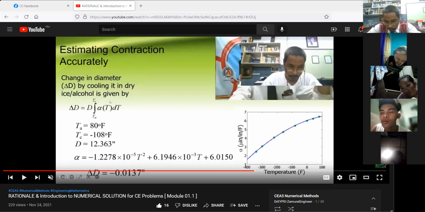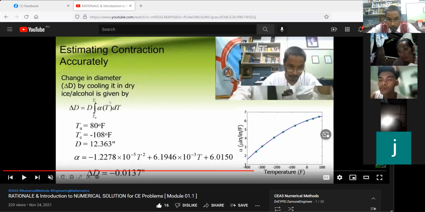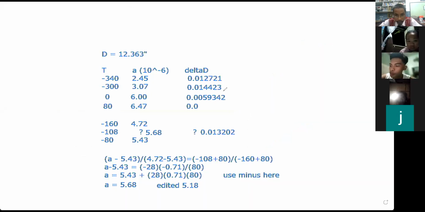Let us show you the corrected value for delta D. I will show you. That is 0.01204. Okay. So this is not correct. So let us correct this.